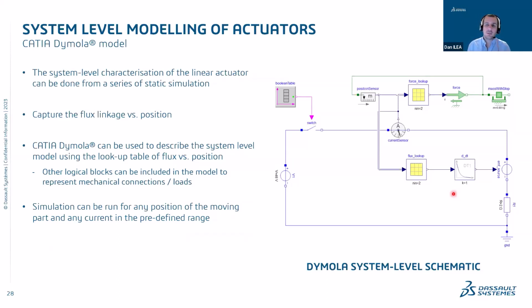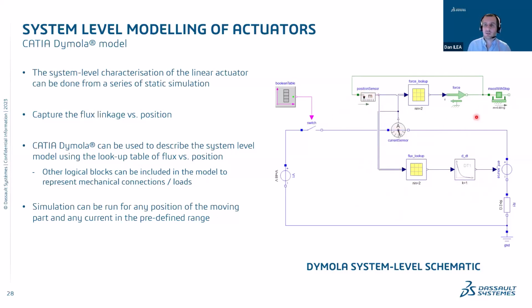And then using a system simulator like Dymola, we can describe an entire system level where we have the representation of our linear actuator as this lookup table of the flux versus position. We have the sensors for the position, the sensor for the current, the force that is calculated.